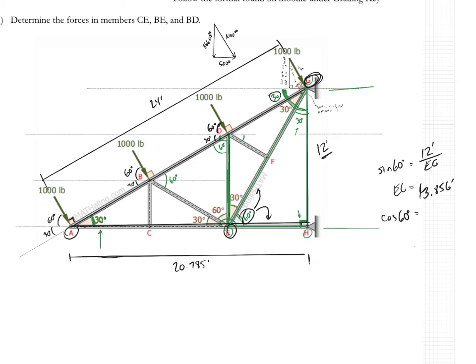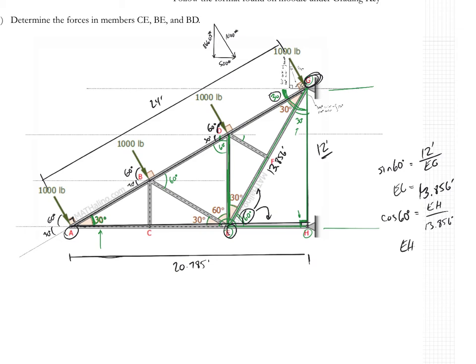The cosine of 60 is going to be the adjacent over the hypotenuse. So the adjacent is EH over the hypotenuse, which we decided was 13.856 feet. And so that's pretty cool. So EH is 13.856 times cosine 60, which I believe is the same thing as just half, right?